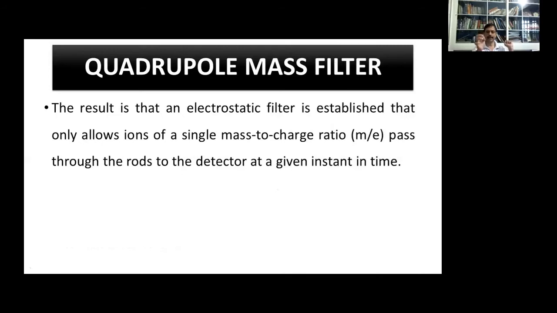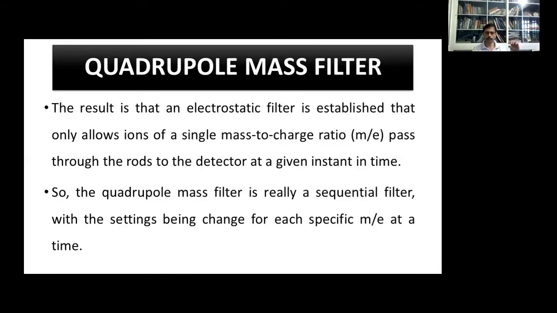In one fraction of a second, only one mass to charge ratio is allowed to pass. In the next instant, the next mass to charge ratio is allowed to pass. That means it is acting like a filter. It is not a physical filter otherwise. It is an electrostatic filter.